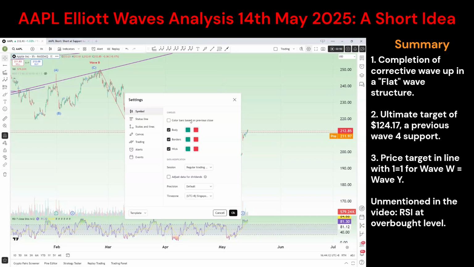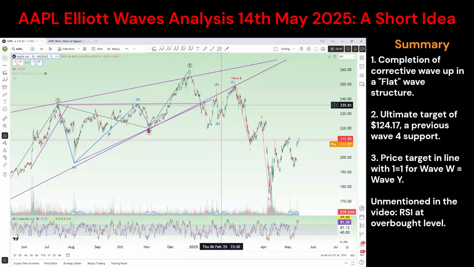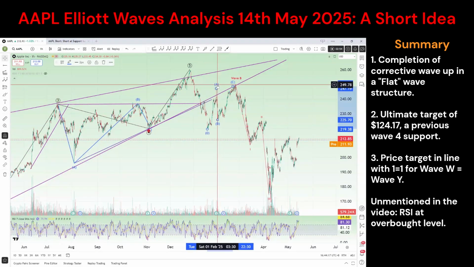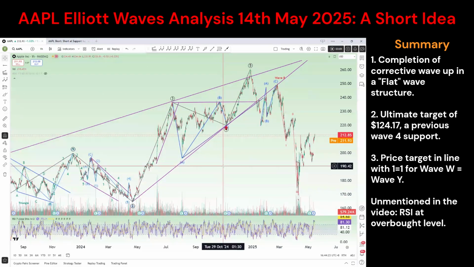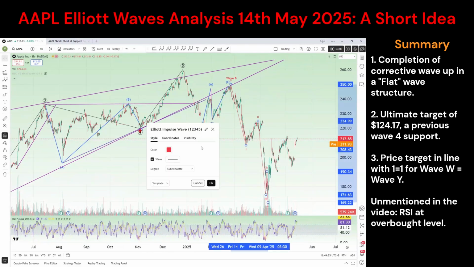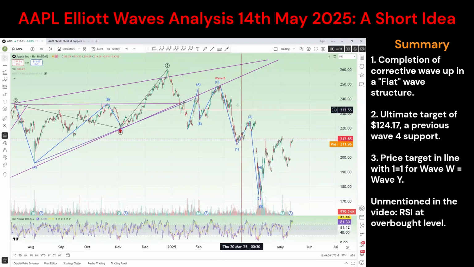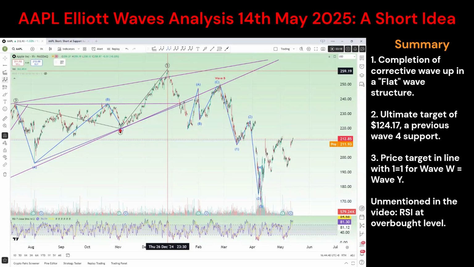Now let me change this degree a bit. So this was intermediate degree. What this means is that this should also be an intermediate degree. And then we'll probably have this ABC at the primary degree level.